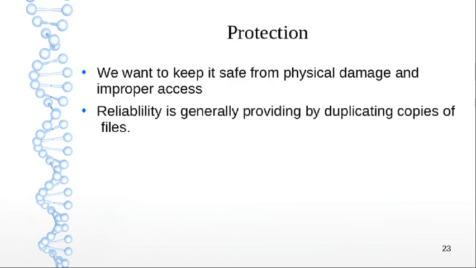An example of improper access is someone accessing a file who is not supposed to have access. Next, we have reliability, which is generally provided by duplicating copies of the files.